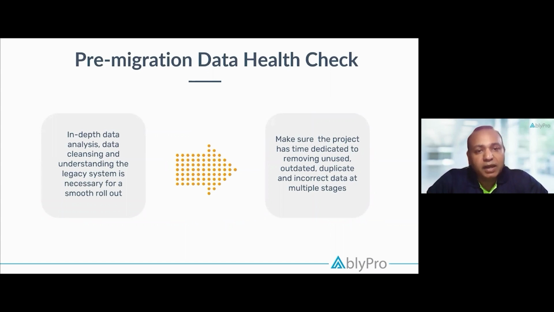This is a mandatory step. Make sure the project has time dedicated to remove unused, outdated, duplicate, and incorrect data at multiple stages. This is a must that you have to do, and we have seen in the previous slide in terms of examples how it can impact your efforts.